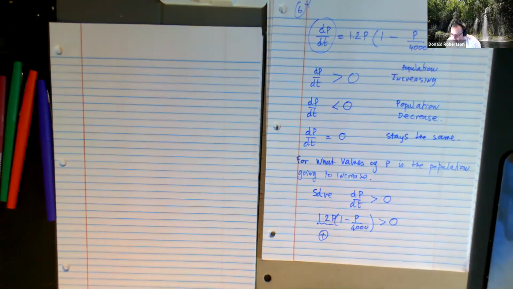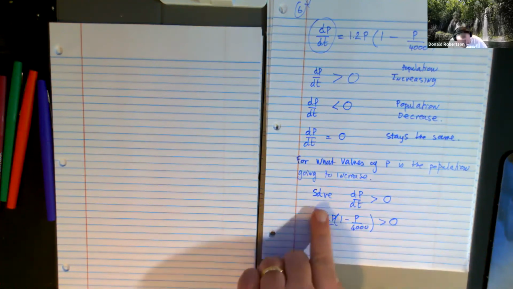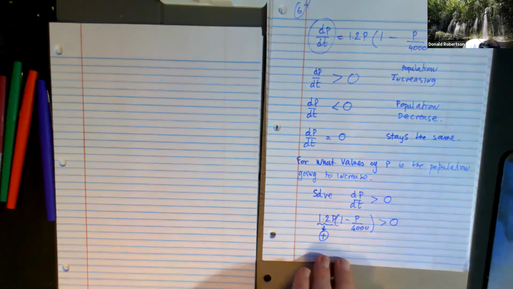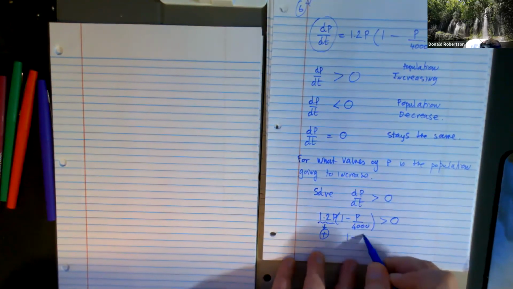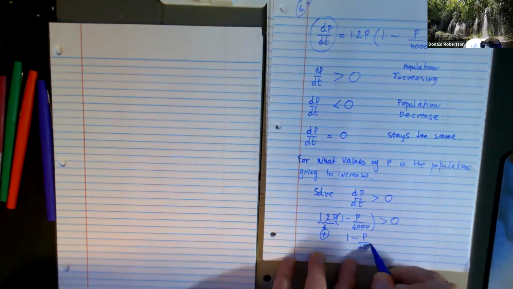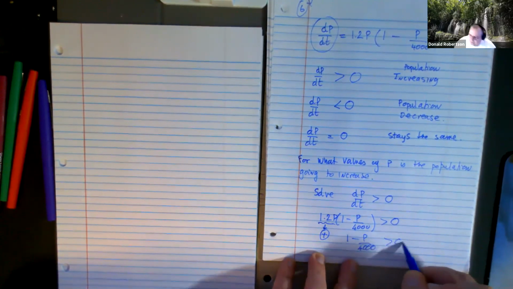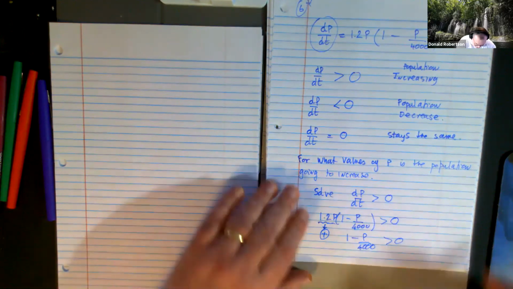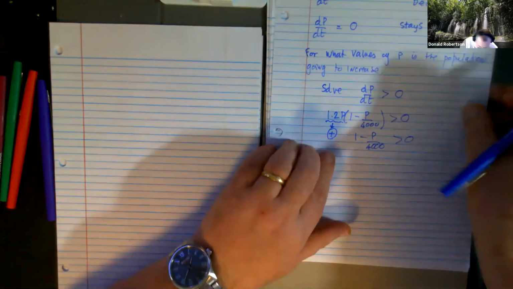If P is positive, won't 1 times P, just talking about this piece here, be positive? So don't I need to only look at what values make this positive? So I've actually made my job a little bit simpler.